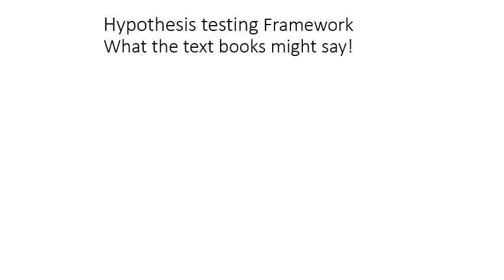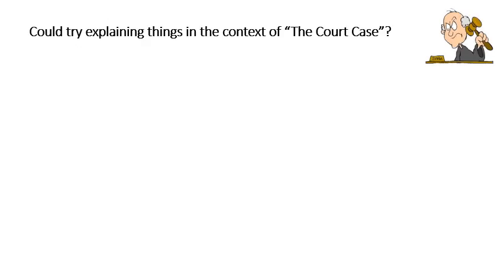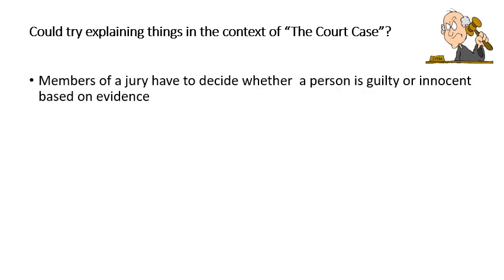So the hypothesis testing framework, we could try explaining that in the context of the court case. Members of the jury have to decide whether a person is guilty or innocent based on evidence. In our case, it's the judge who is going to decide whether the person is guilty or innocent based on the pieces of evidence that the prosecution is going to present.